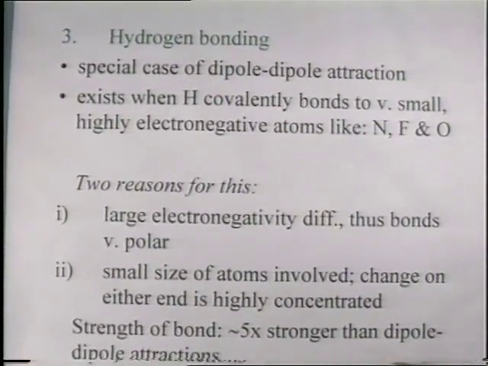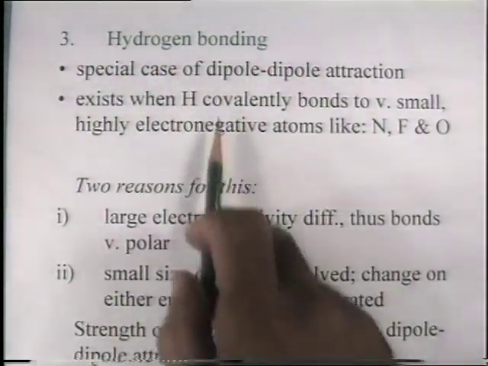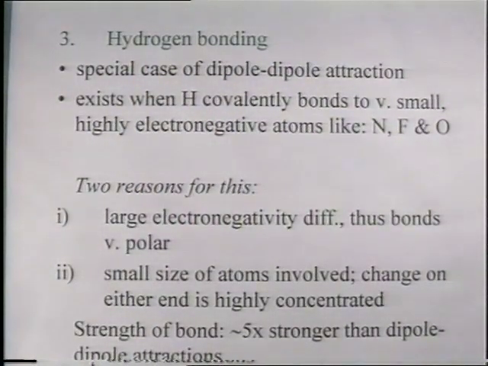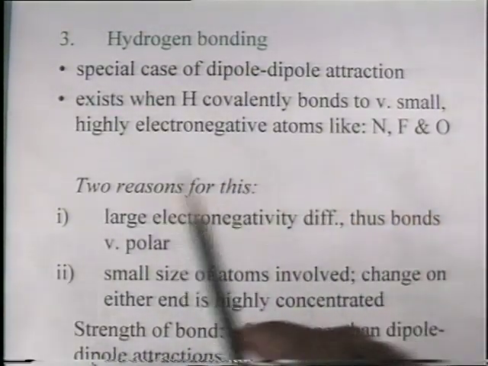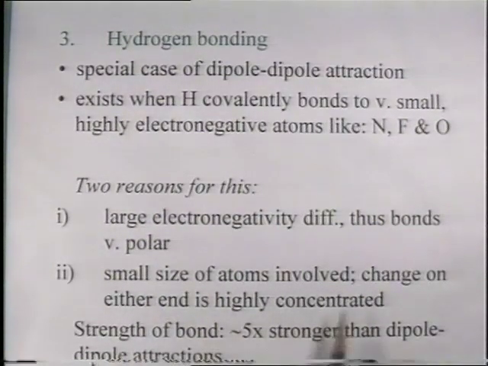Now, there are two reasons given here for this hydrogen bonding. First one is, as given already, the large electronegativity difference between the two atoms, hydrogen and one of these elements here. The other one is the small size of the atoms involved, and this gives rise to the charge at the two ends, which is highly concentrated.